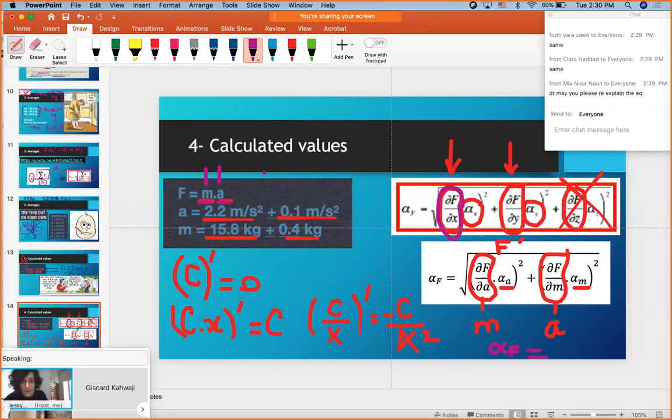Giscard and I took a to be the variable and m to be the constant, and we did the derivative. So this looks like m times x, the derivative of which is m. Then we changed our variable to m, so it looks like x times a, the derivative of which is a, and we plug in the values.